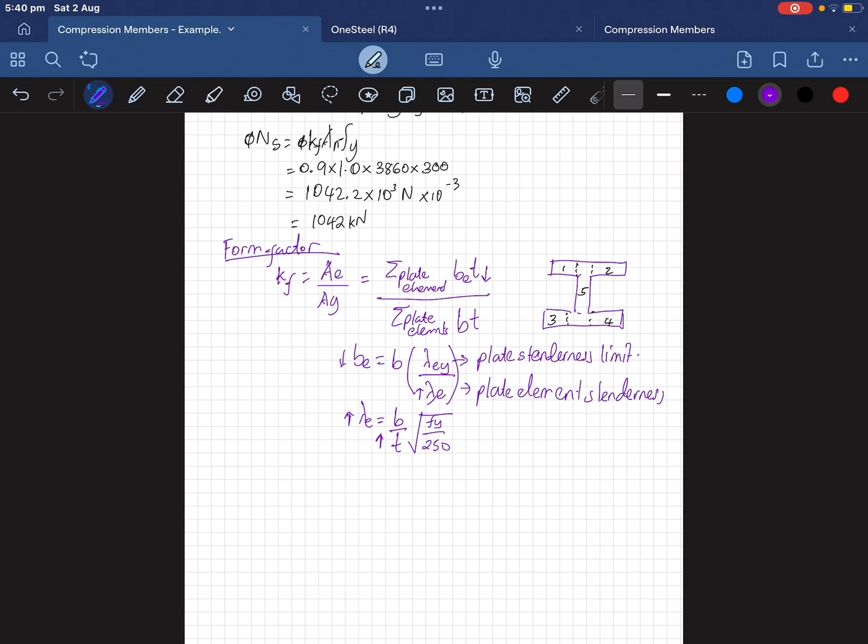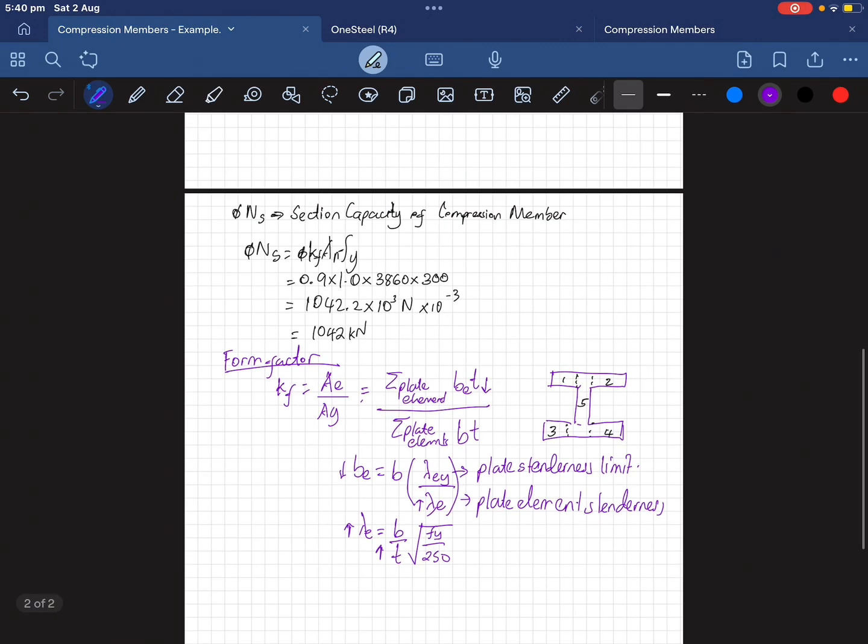So like I said, if you have a high B on T ratio, you get a high lambda E, you get a lower effective width, you ultimately get a lower effective area, and your form factor becomes less than 1. And what happens when this form factor becomes less than 1? Ultimately, the section capacity of the compression member goes down.